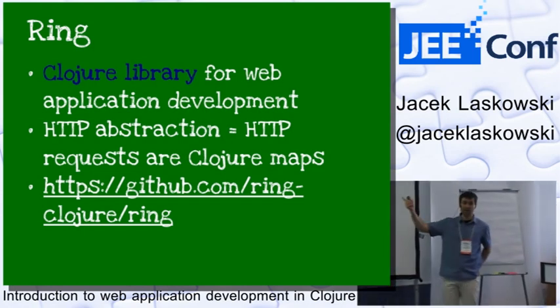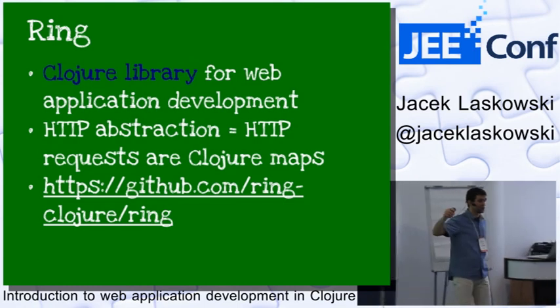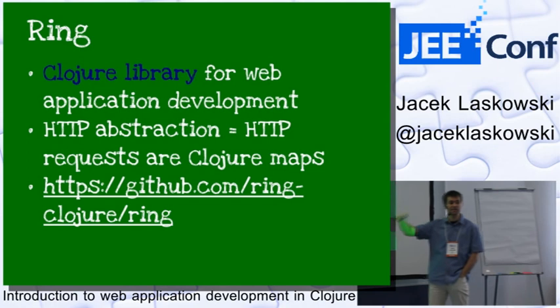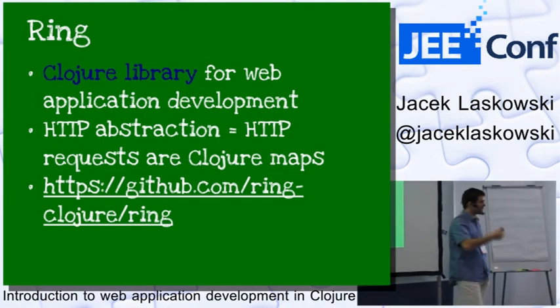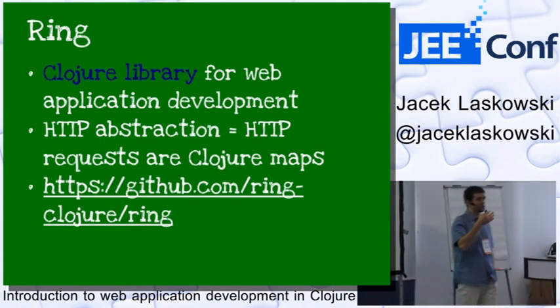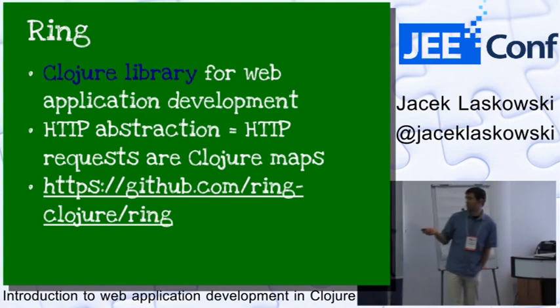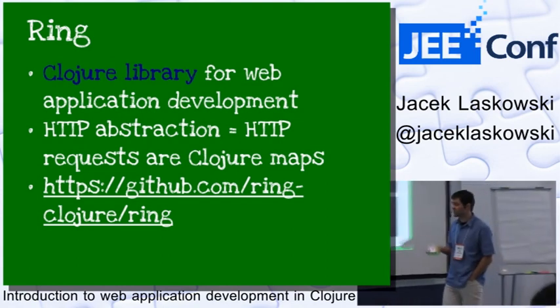So Ring is an HTTP abstraction. It abstracts requests and responses and gives you a pleasant way to work with maps, because maps are something you need to create or manipulate requests and responses. Good. This is the page of Ring. If you need more, you may find more information on this website.